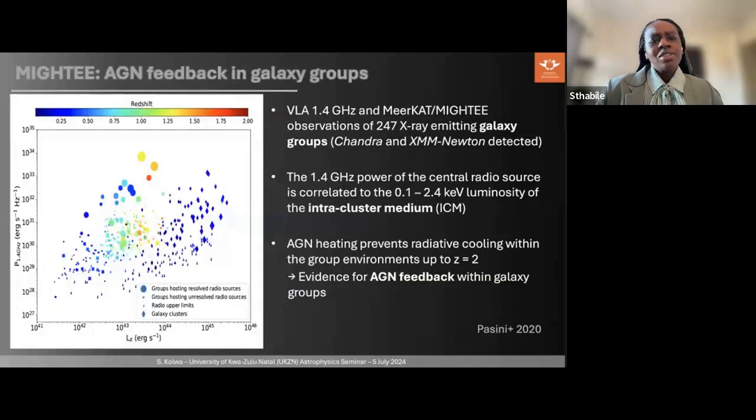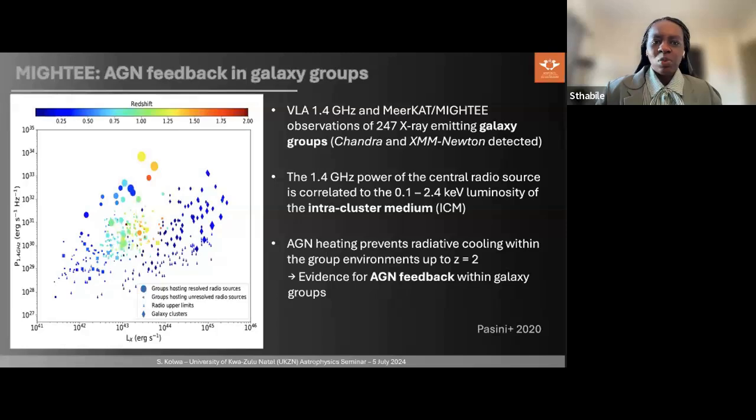And then some work was done to tie together X-ray emission and radio emission in galaxy groups. In particular, VLA and MIGHTEE data observations were combined for a sample of roughly 247 X-ray emitting galaxy groups that were detected with Chandra and XMM-Newton.